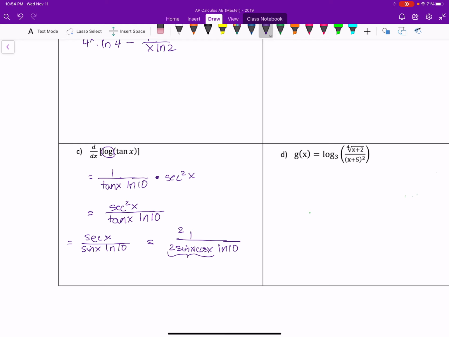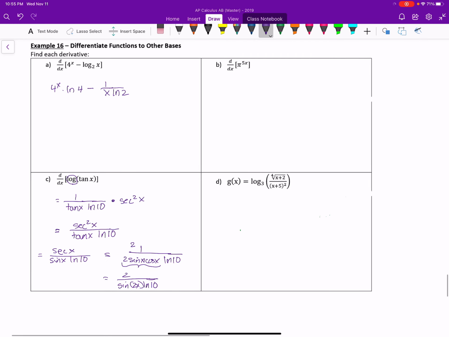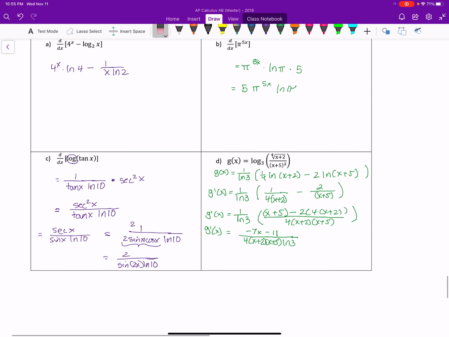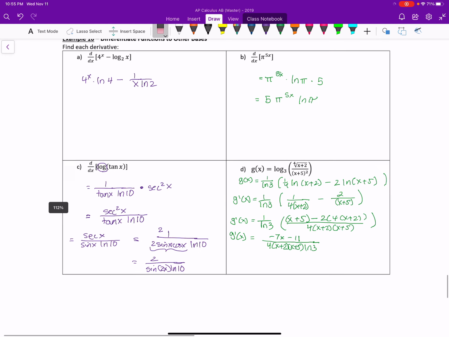So you could rewrite this as 2 over sine of 2x natural log of 10. The only reason I'm making you aware of that is if it was a multiple choice question and you weren't seeing the answer, you may have to simplify some of the trig. Okay, let me just show you, pause it and do B and D.